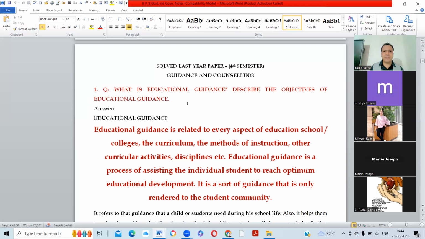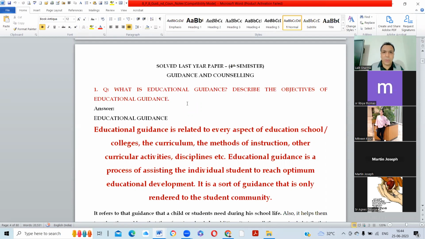In fact, this is not guidance at all, but this is not teaching either. You come in the class, talk about the syllabus, looking from the book, and you think that you have taught it very well. So guys, first of all, understand the concept of guidance. What is guidance?